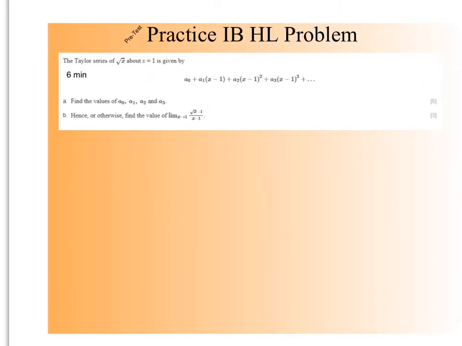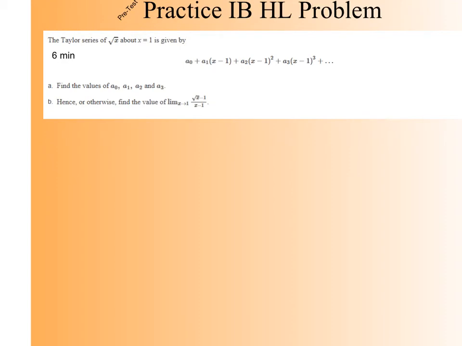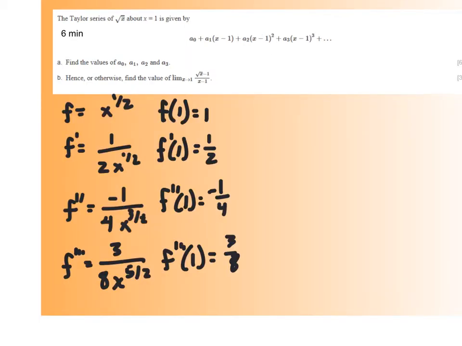Okay, I want to quickly roll through this one as well. So I took three derivatives here, plugged in one, and got each of the following values: a sub 0 is here, a sub 1, a sub 2, a sub 3, etc. Now this is a really interesting problem in this way.